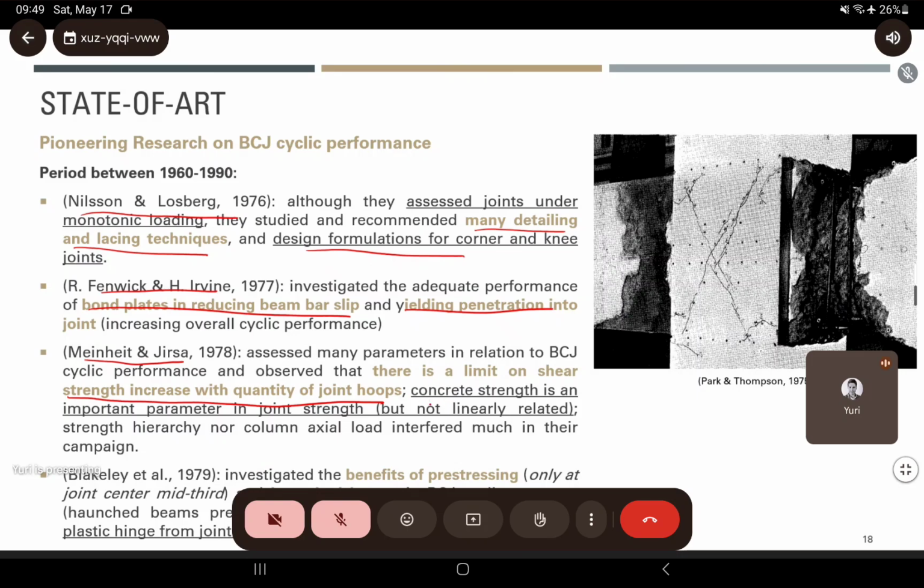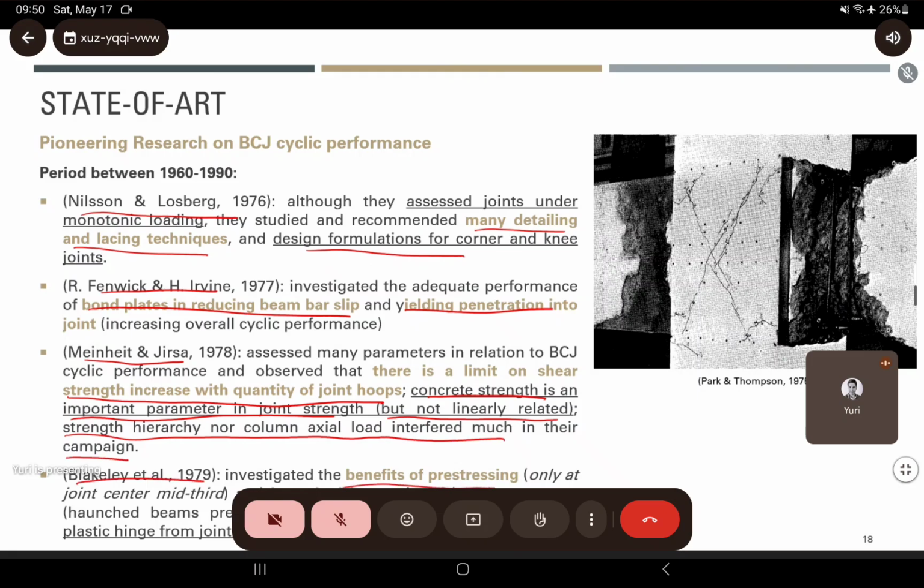They also found that concrete strength is an important parameter, but not linearly related to the strength of the joints, and that neither strength hierarchy nor column axial load interfered much in their campaign.